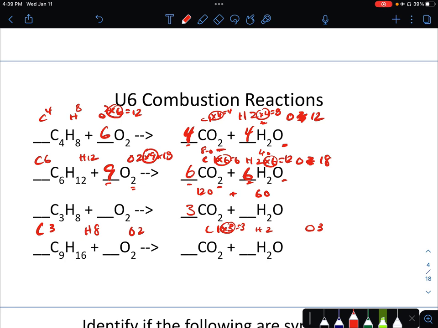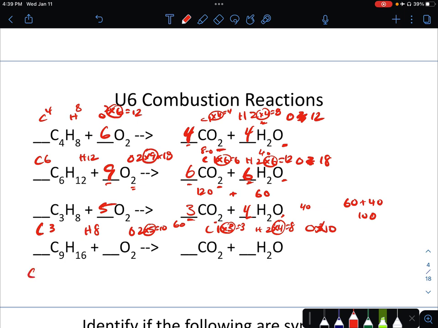I need 8, so I'm going to multiply this hydrogen by 4, which gives me 8, so I put a 4 there. 3 times 2 is 6 O's, and 4 times 1 is 4 O's. Add my O's together, 6 plus 4, that's 10 O's. To get it up to 10, I'm going to multiply this side's oxygen by 5. That equals 10, so that's a 5 there.